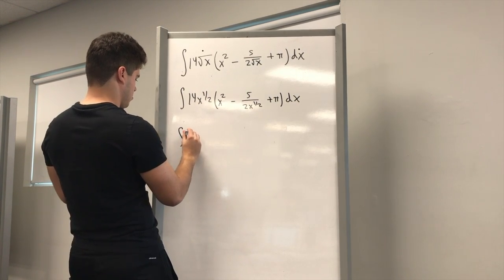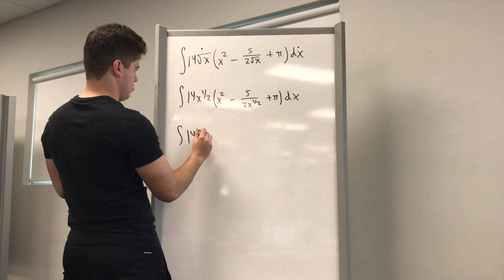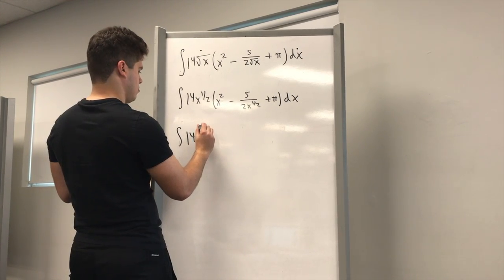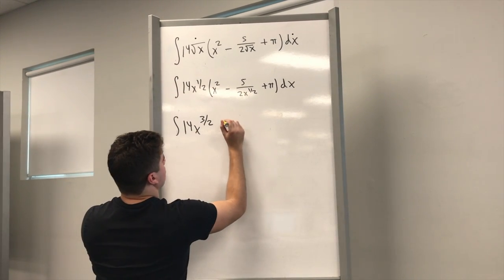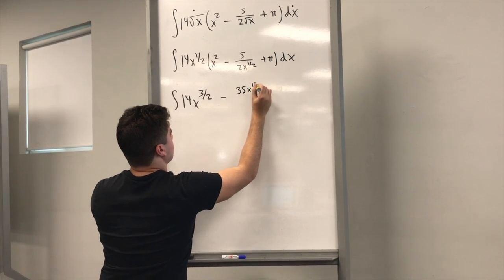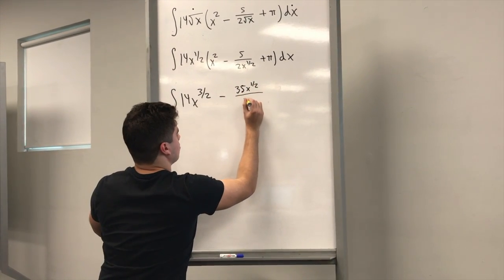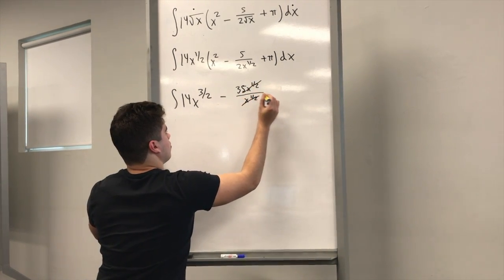Then you are able to apply the distributive property. And when you multiply x's, you have to add their exponents. These exponents cancel each other.